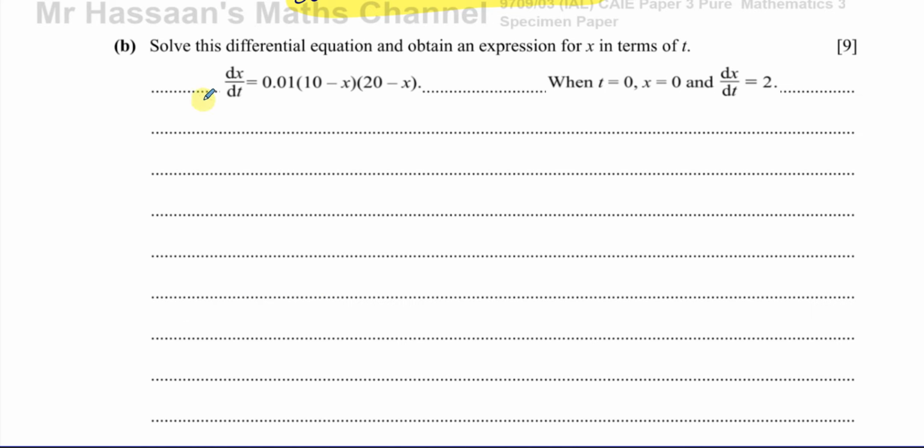If you want to solve this differential equation, you always integrate with respect to the denominator of the rate. So I'm going to integrate both sides with respect to t. This side is going to be integrated with respect to t, and this side is also going to be integrated with respect to t.